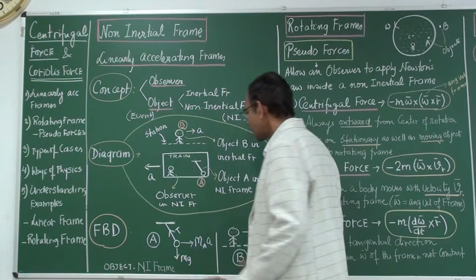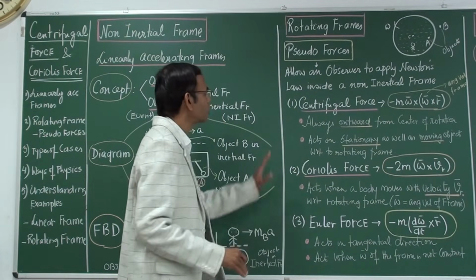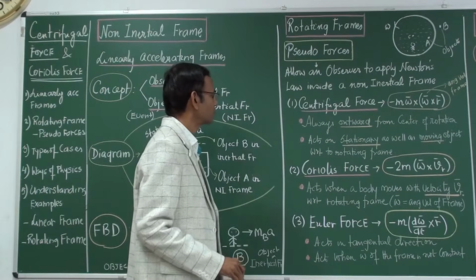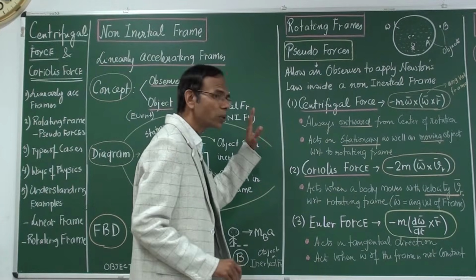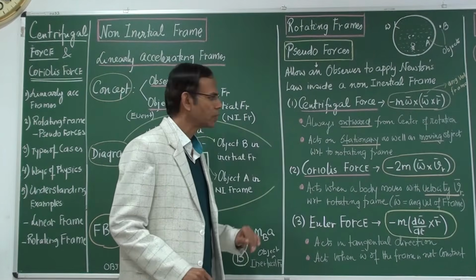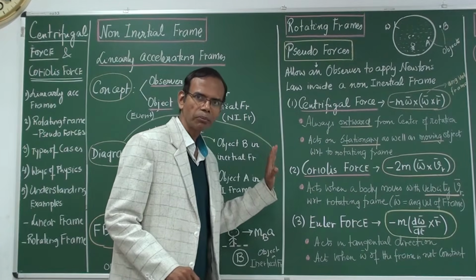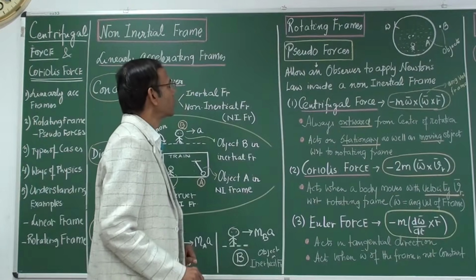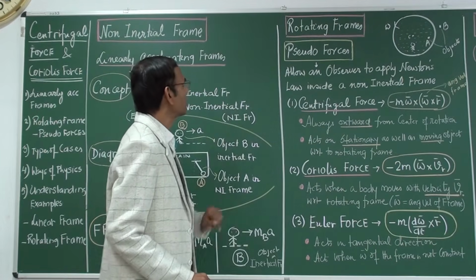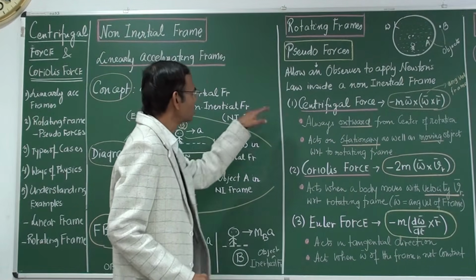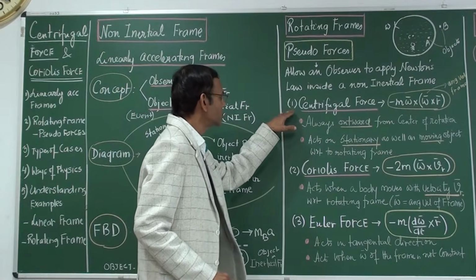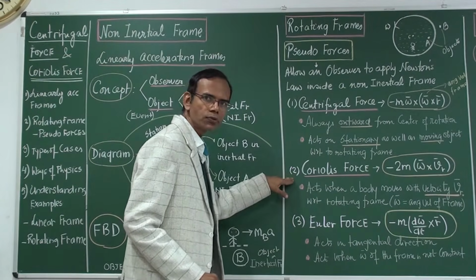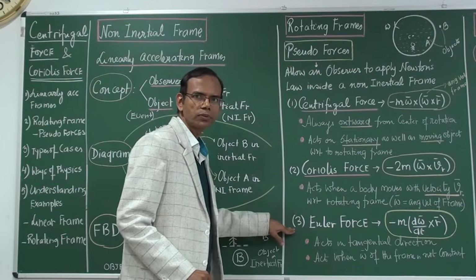Okay. Now quickly I will revise again the other things, and that is what happens in the rotating frames. We are just dealing now with the main formulas without going into the proof. So the rotating frames, the pseudo forces. There are three pseudo forces: centrifugal force, Coriolis force, and Euler force.